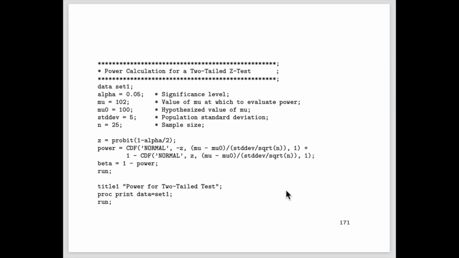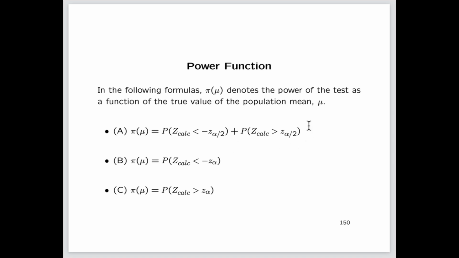So referring back to previous slides, there are actually 2 slides that I'm going to have to refer to. And so again, this is for a two-tailed z-test. We're wanting to calculate the power, and so we have, in general, the CDF evaluated at negative z plus 1 minus the CDF evaluated at z. This is the expression that we're evaluating.